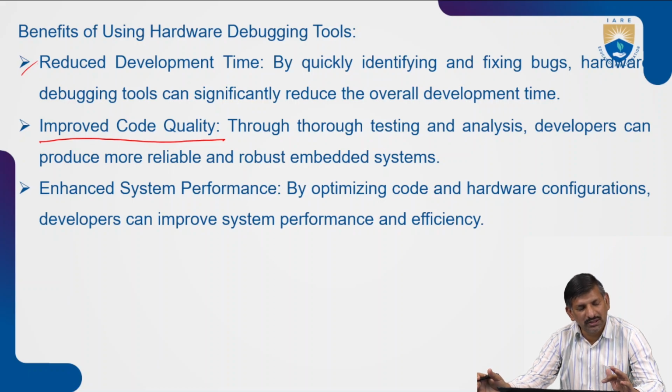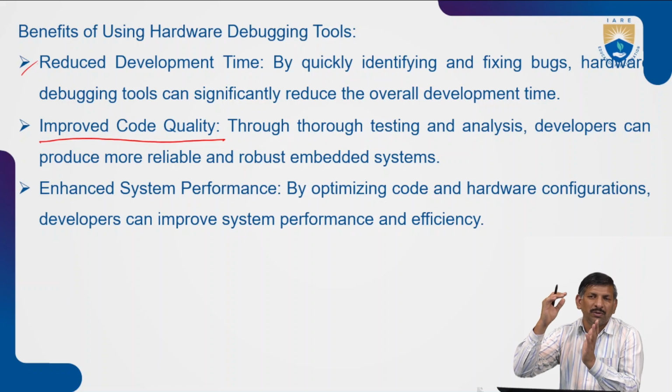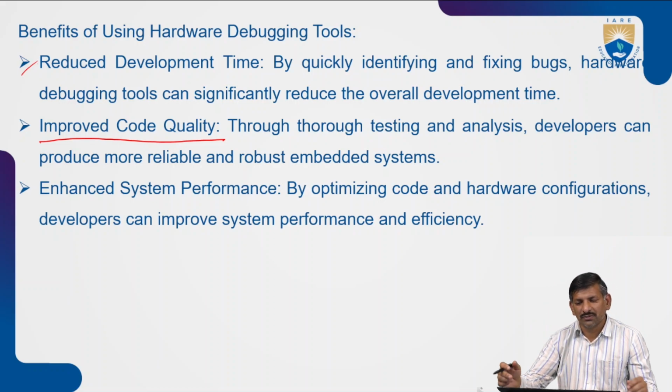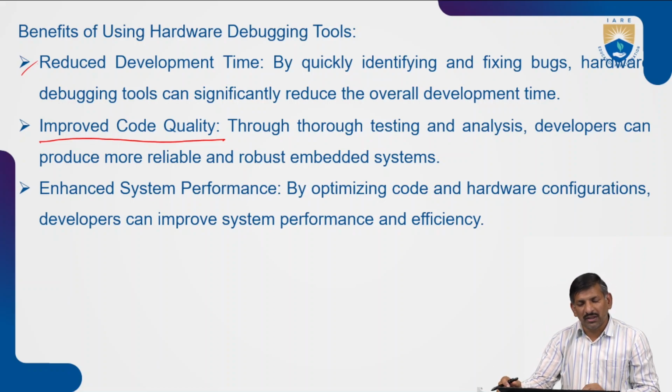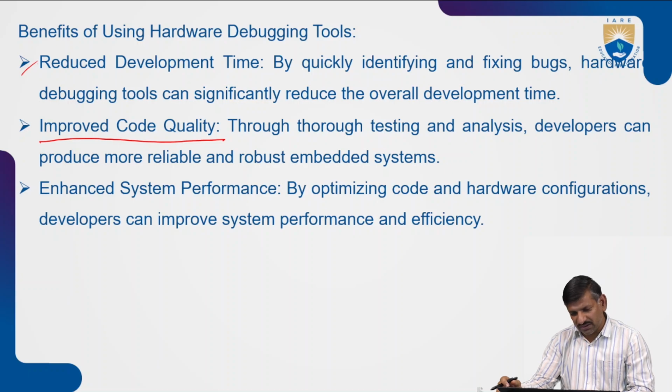So by using these debugging tools, we can check whether, with fewer lines of code, we get the desired response or not. Up to that breakpoint, in between the breakpoints. Okay, and then analyze the performance and efficiency.